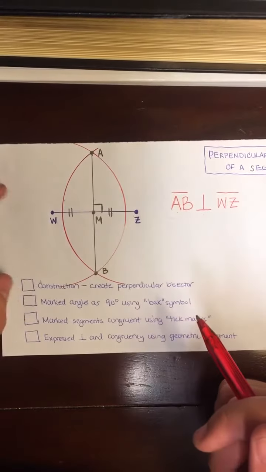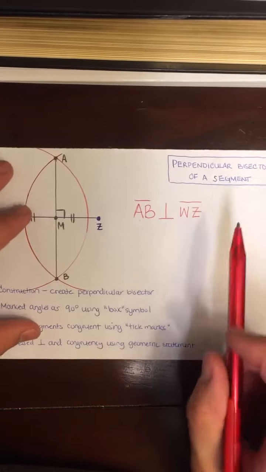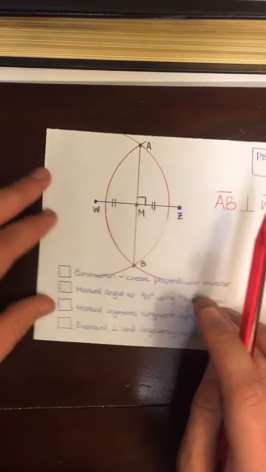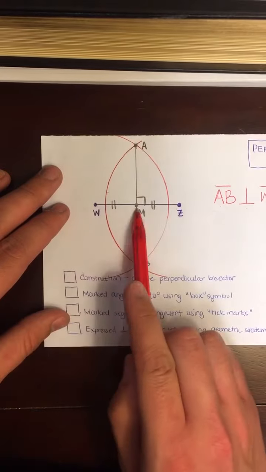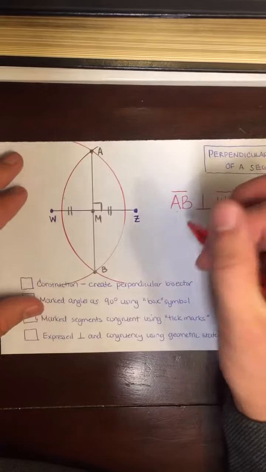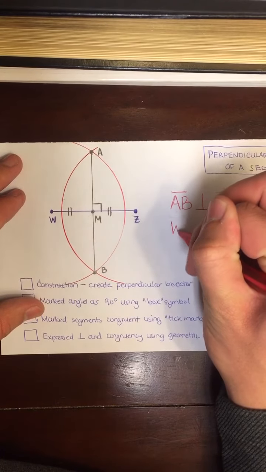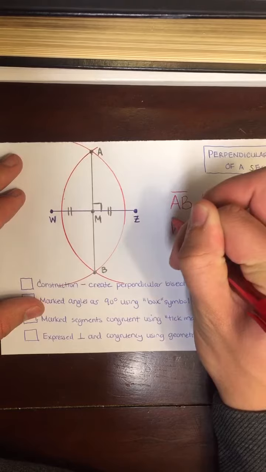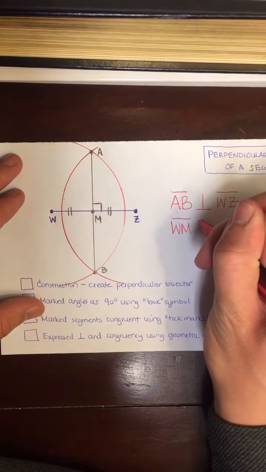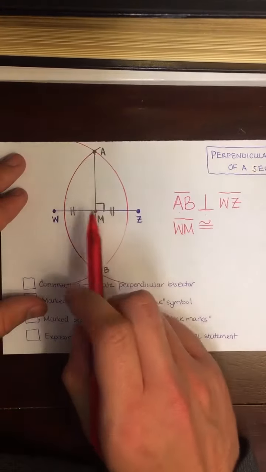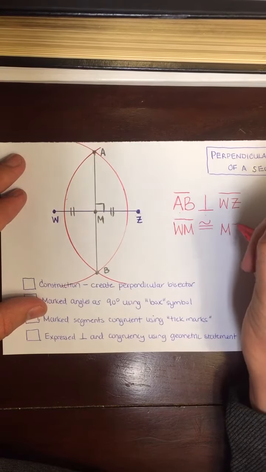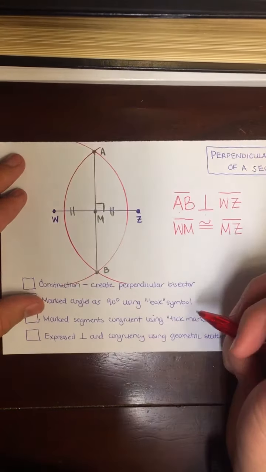They form 90-degree angles. The other thing that I have to communicate in this type of construction is the bisection. Basically, when something is bisected, you get equal or congruent segments. So I can say geometrically that from point W to point M, that line segment WM is congruent to, because it's the same length, my other line segment on the other side from point M to Z. So line segment MZ.